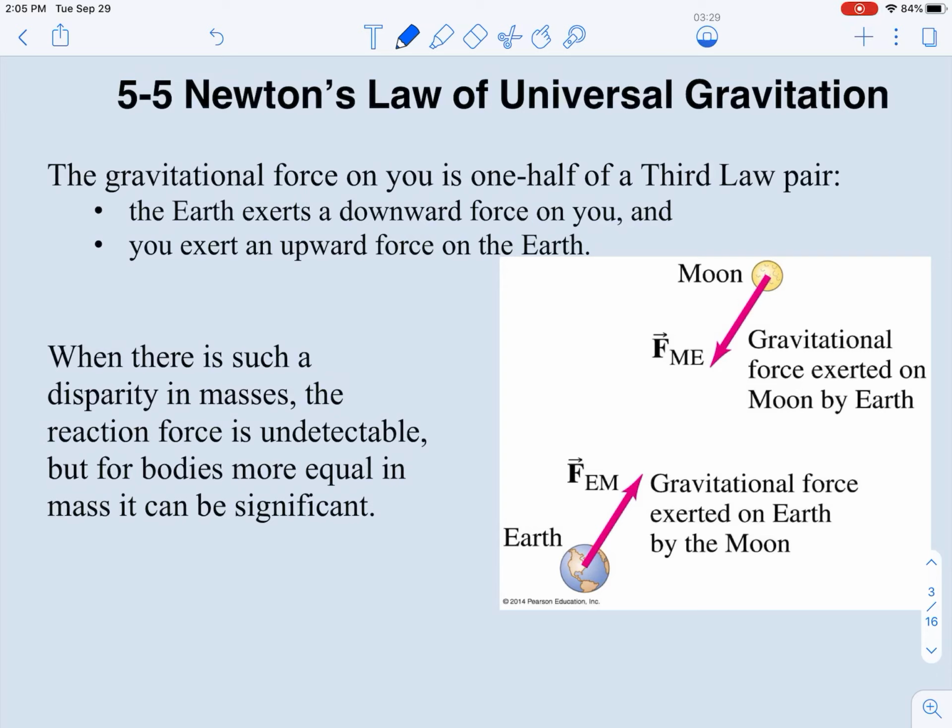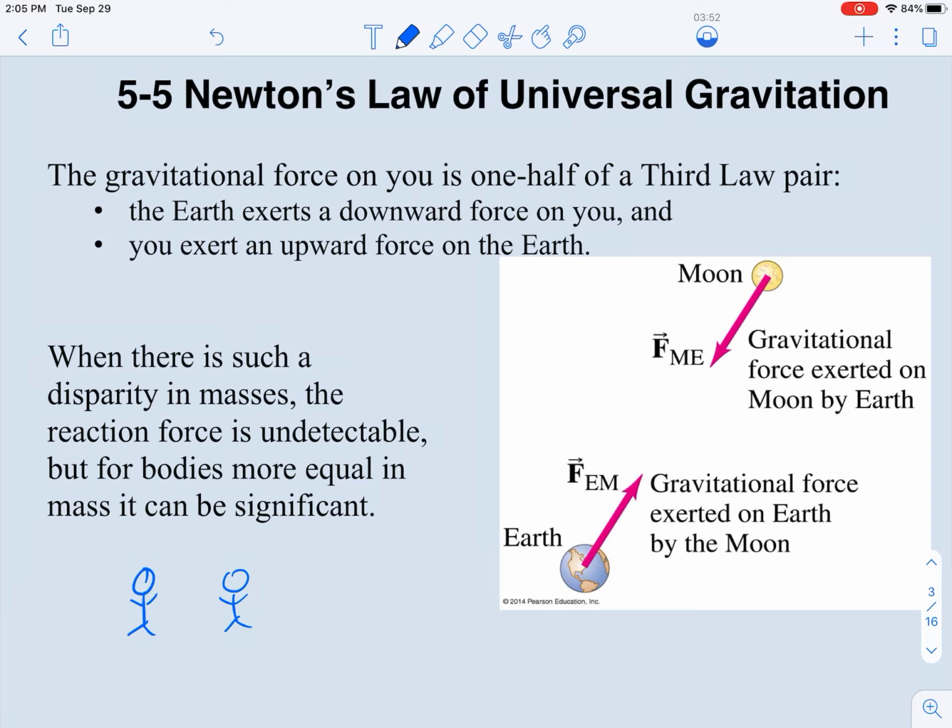So if we were in the classroom, and let's say that I had 2 students and they were standing close to each other. We're social distancing, right? So let's say that they are standing 6 feet apart, okay? So if we have these 2 students in the classroom, there is actually a gravitational force between them.